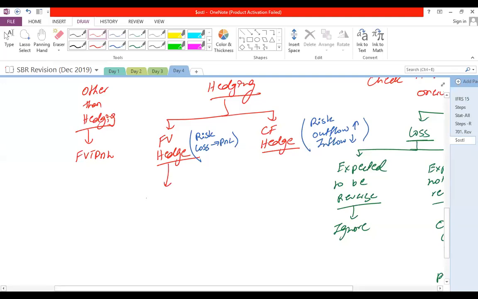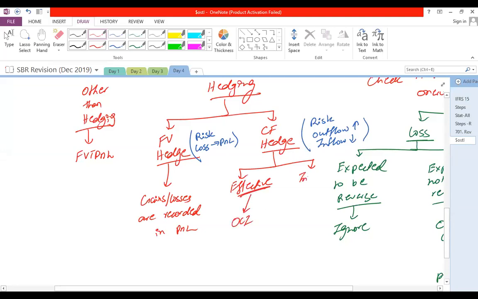In a fair value hedge, gains and losses are recorded in the P&L. But in the case of a cash flow hedge, we recognize the gain or loss in two parts. The effective part goes to OCI and the ineffective part goes to P&L.